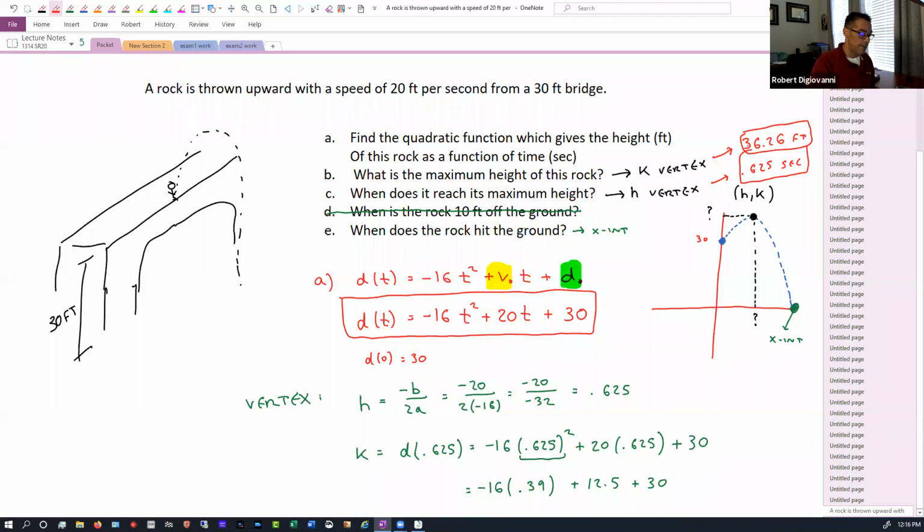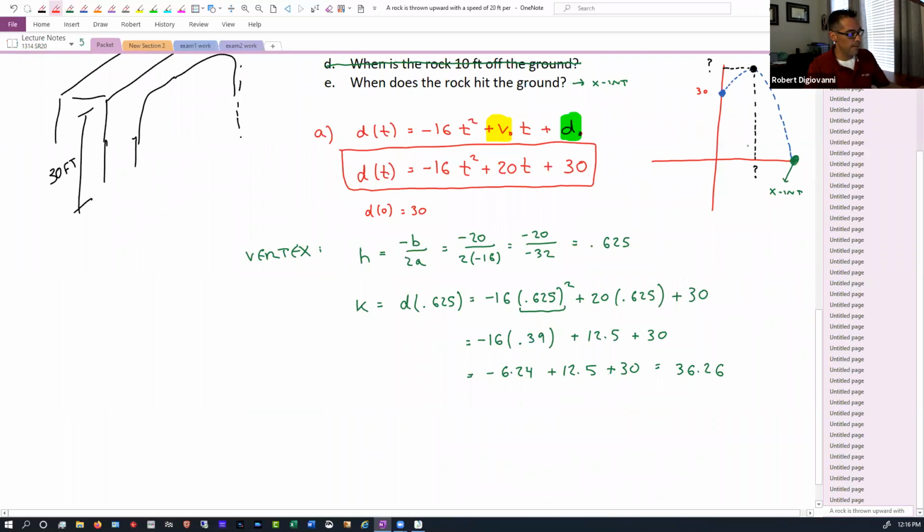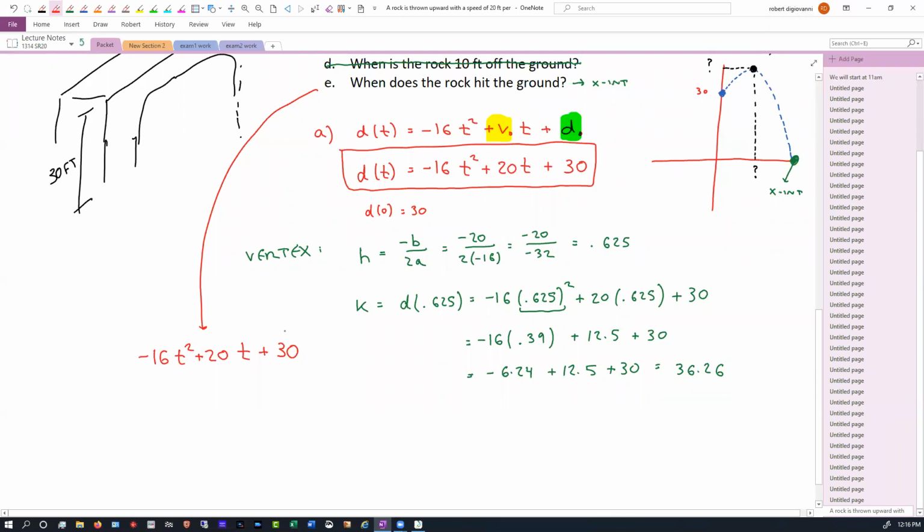So we want to know when it hits the ground now, right? So we need the X-intercepts. So what that means for part E is that we have to take the quadratic and do what with it? Set it to 0.